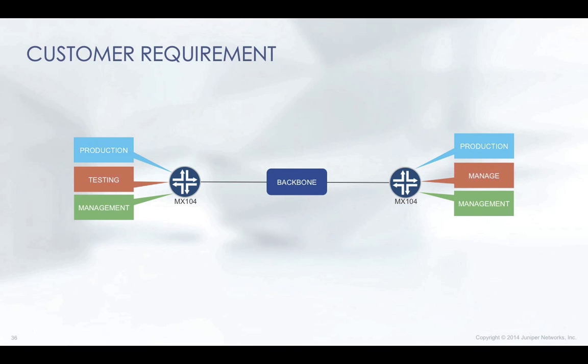As the network operators are always asked like this, management network 10.0.0.0 and the production network 11.0.0.0 need to be inter-accessible.